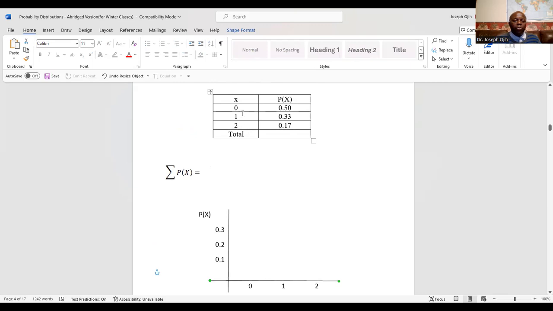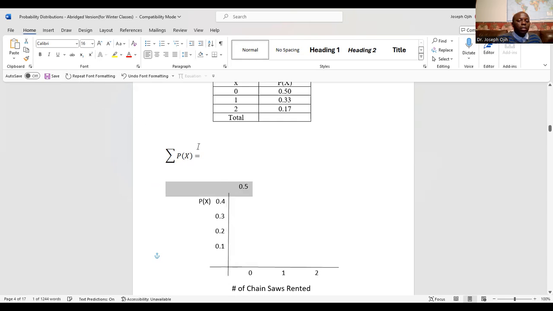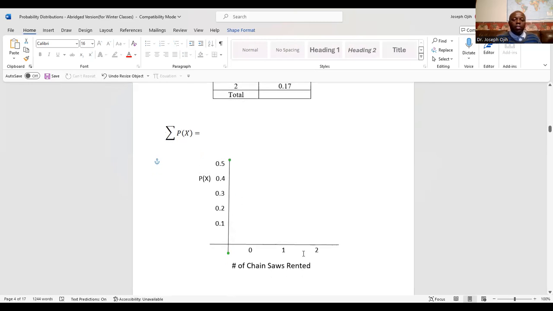For 0 it is 0.5, so we need to go up a little bit more. 0.4, then 0.5. I'm going to make it 16 like the other ones. So that means I can extend it to 0.5. Now we have it.